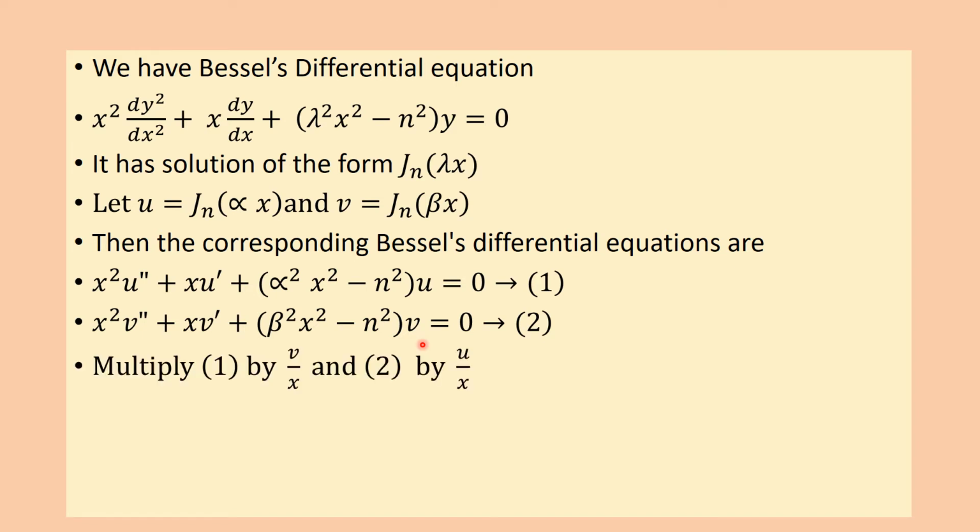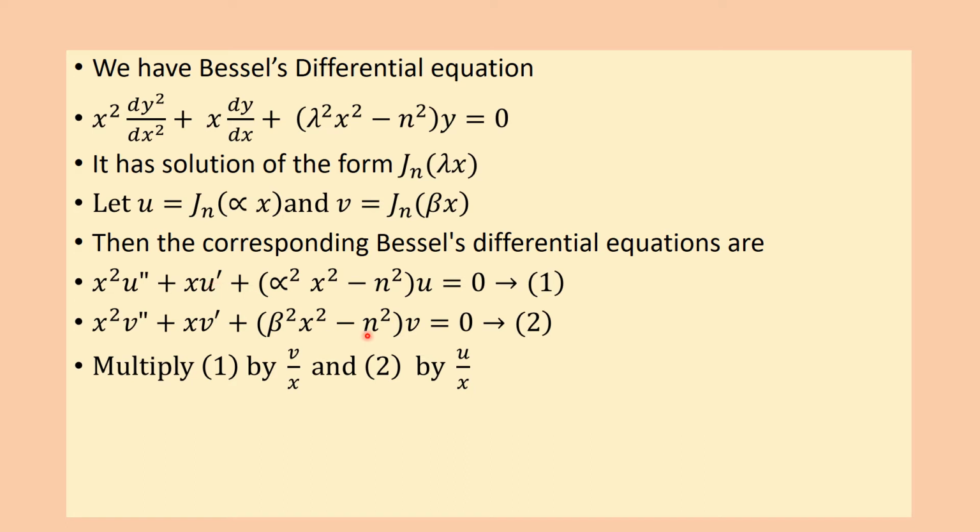Now, multiplying equation number 1 by v by x and equation number 2 by u by x. Let us see what happens. If you multiply v by x to the first term of the first equation, that is x square u double dash into v by x, one x from the denominator cancels, v remains in the numerator, x remains, u double dash remains. That will be x into v into u double dash. Similarly, if you multiply v by x here, x cancels, and the remaining expression will be v u dash.